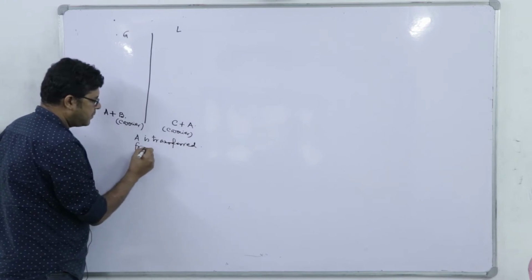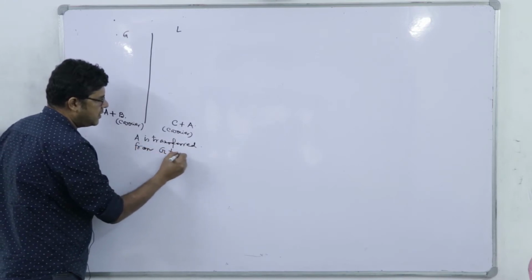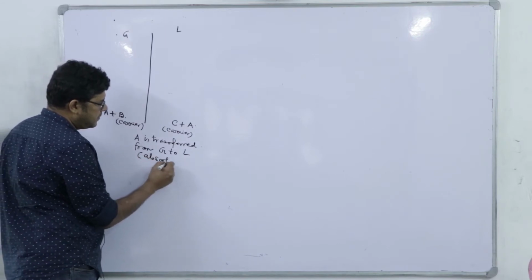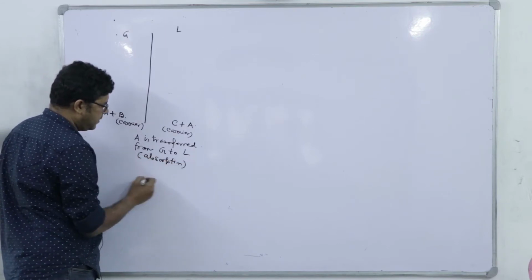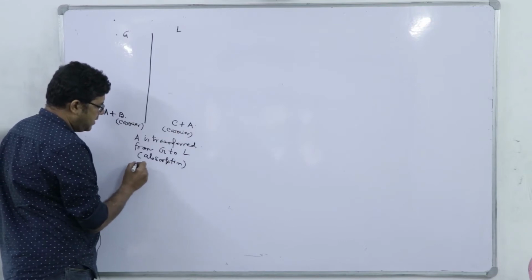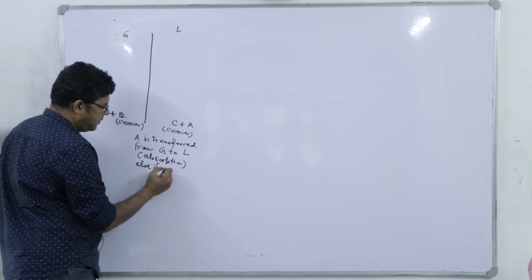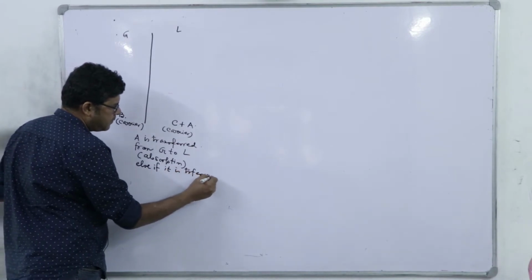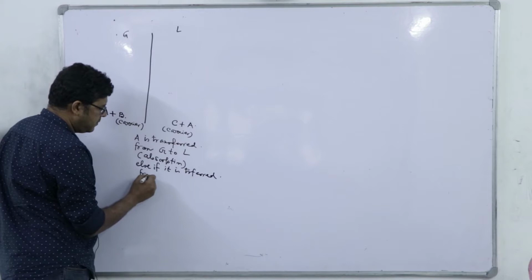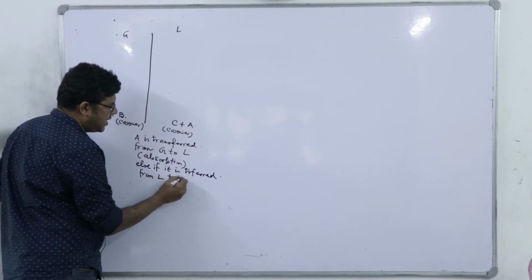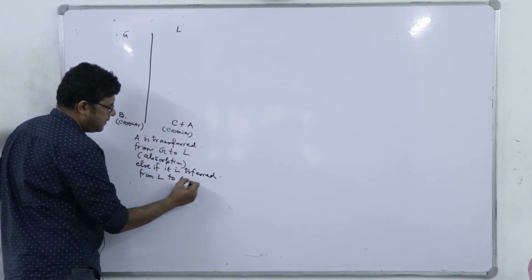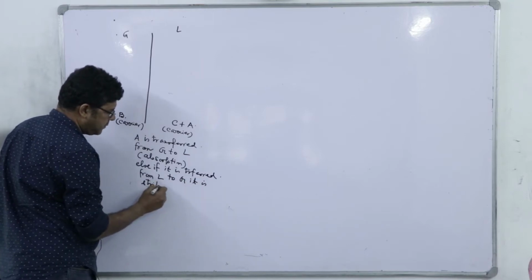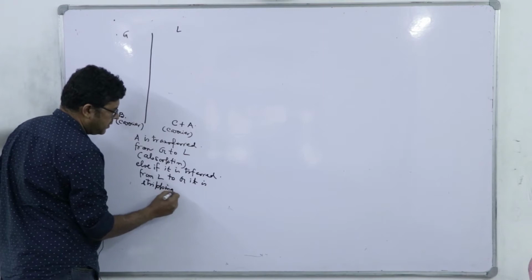So, if A is transferred from gas to liquid, this is a typical case of absorption, right, and else if it is transferred from liquid to gas, it is stripping, right.